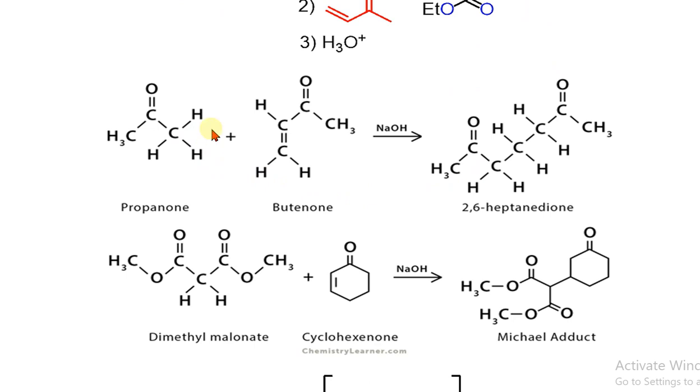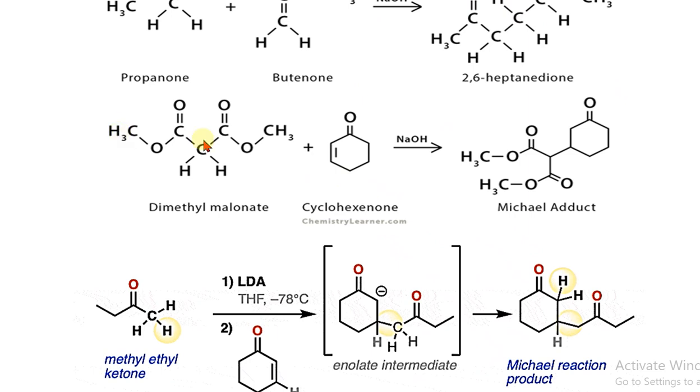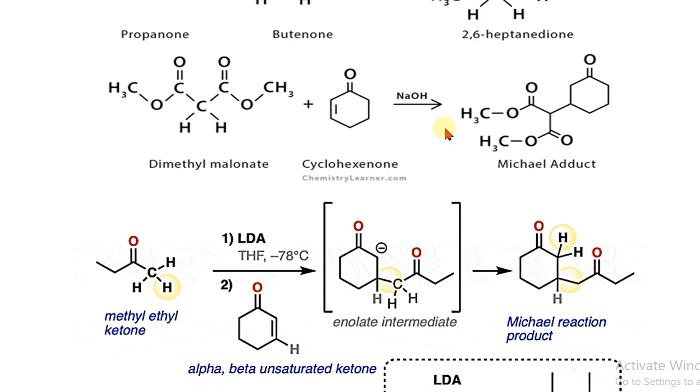Another example: the base removes a proton and the carbanion is added here to give you this structure. Look, from small molecules we get a big molecular weight compound. Another example: if you remove this proton, it attacks here, and this is converted to here and takes a proton again to give you this product. All of them are Michael additions.